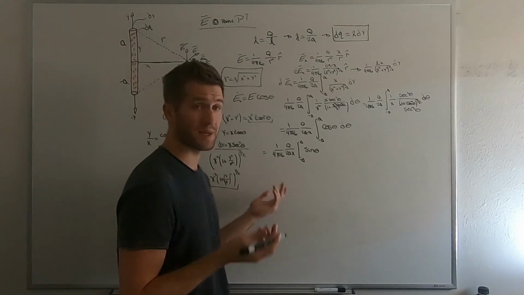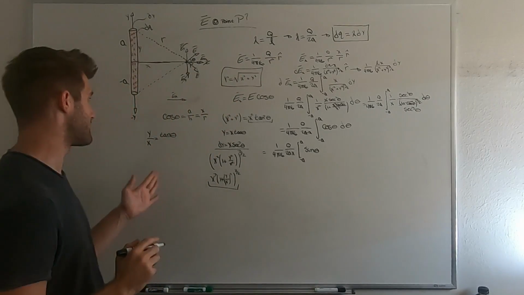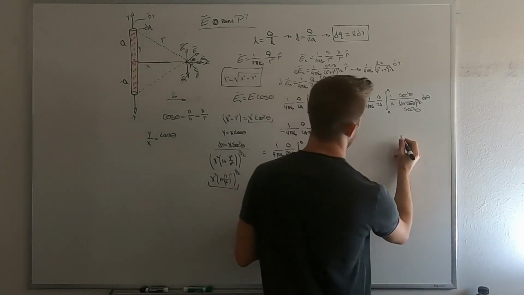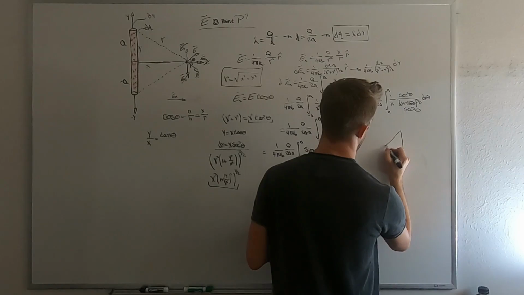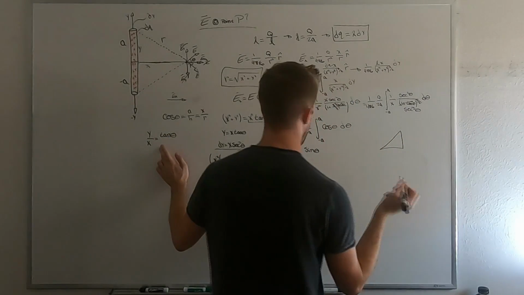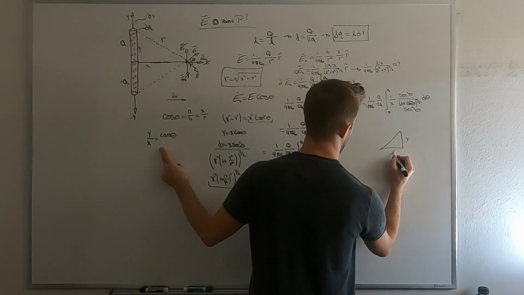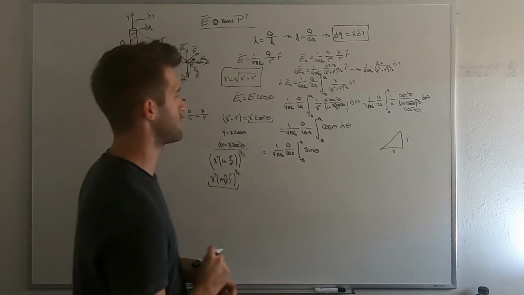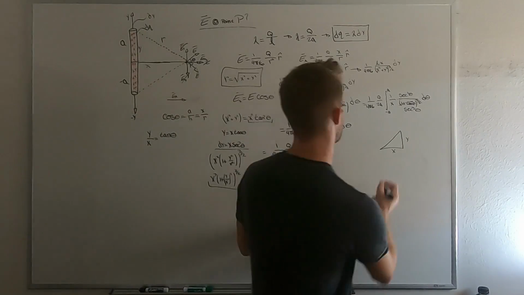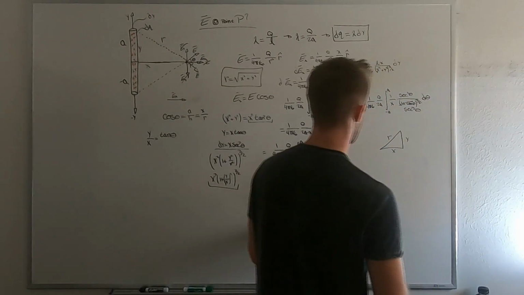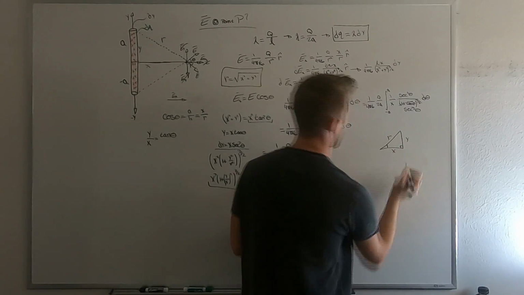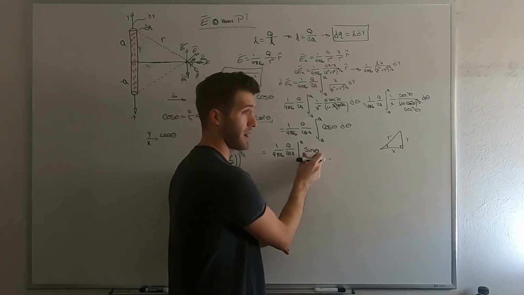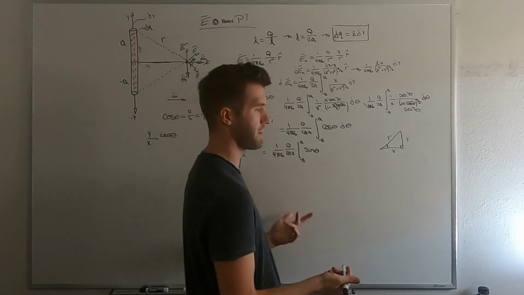Okay? Makes sense. So what we want to do is basically draw out ourselves a right triangle. So actually I'm going to do that over here. So we're going to have a right triangle here, right? And as we saw, we got our y and then x. And what is this right here? Well, that hypotenuse is just r. So we have r here, okay? Now we can take into account that sine theta is just the opposite over the hypotenuse.